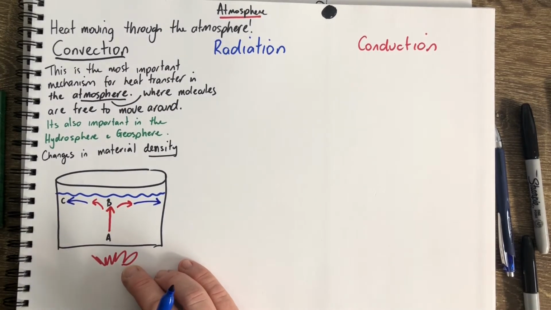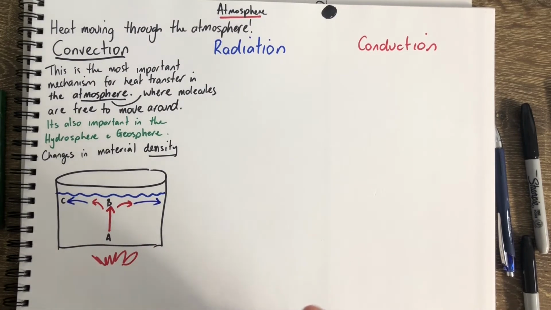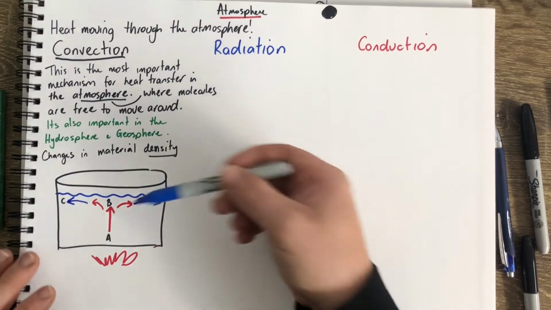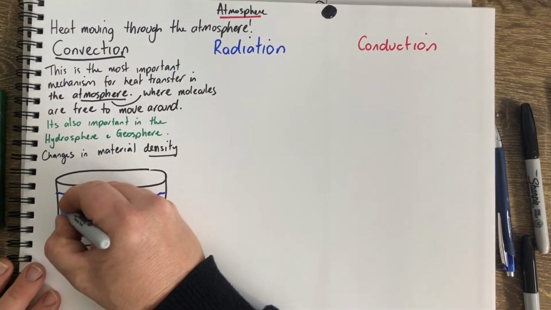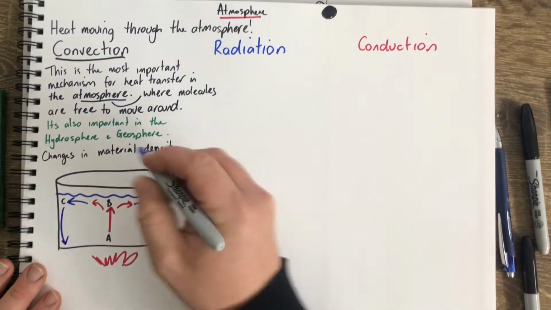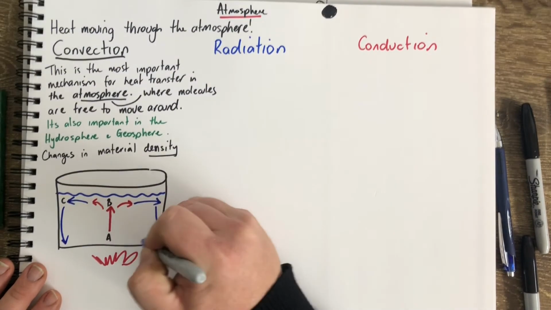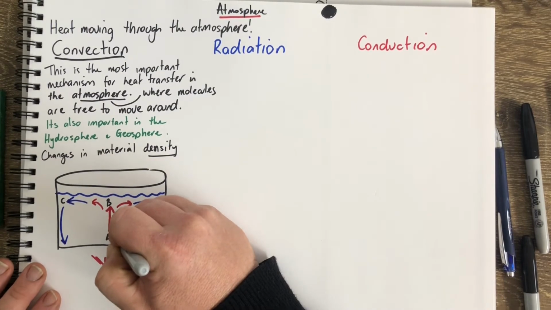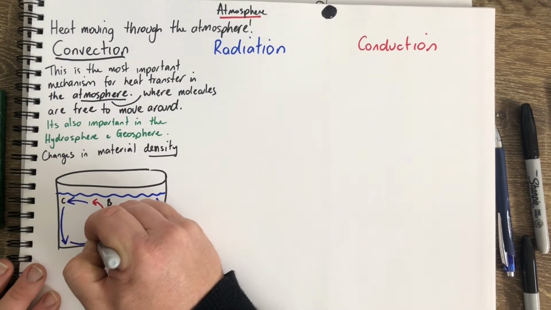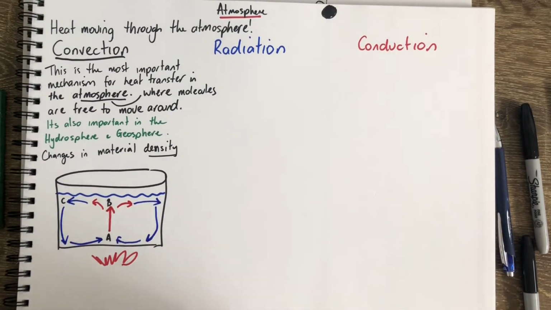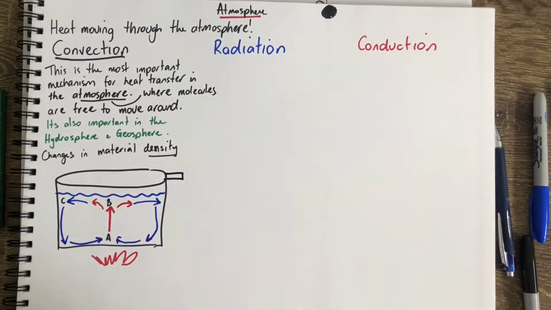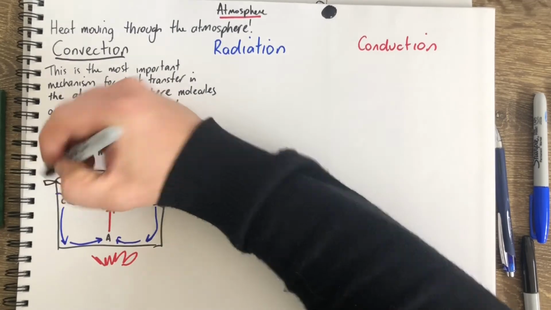Now when it's coolest, the particles and molecules are going to be close together and that material is going to be more dense. So what's it going to do? It's going to sink. And we end up with this nice little flow where the water makes its way back down to the bottom of the saucepan, and we have our convection current.